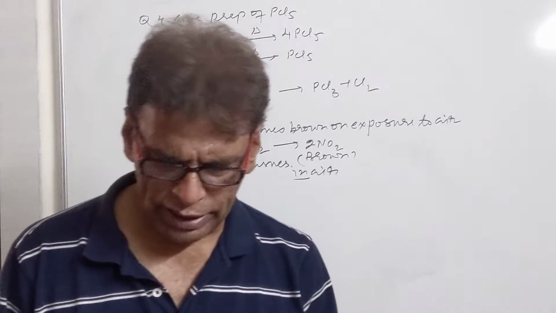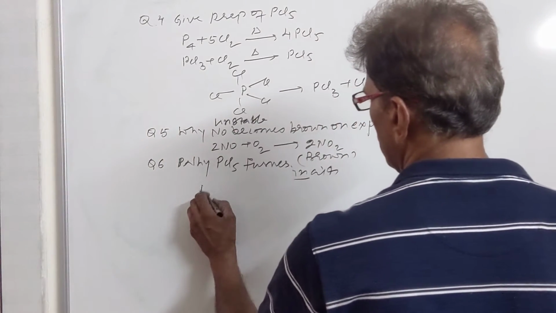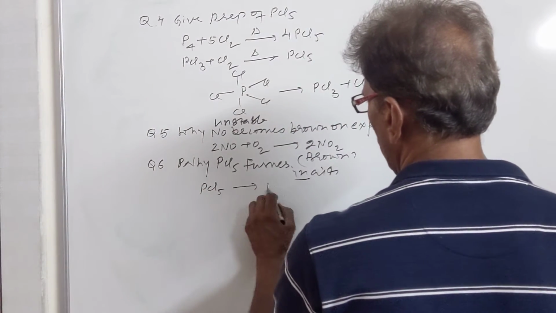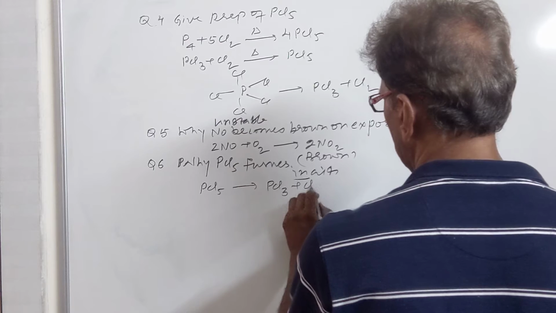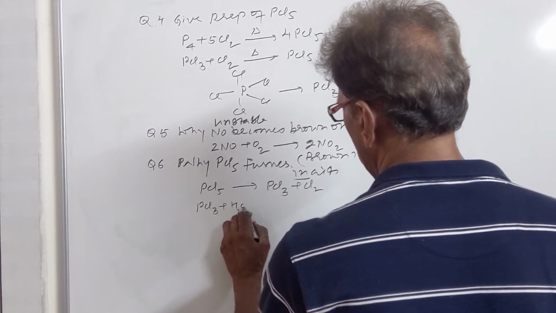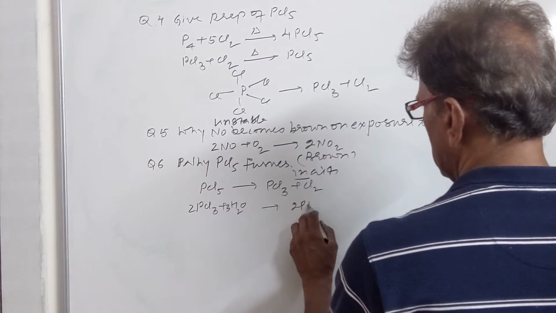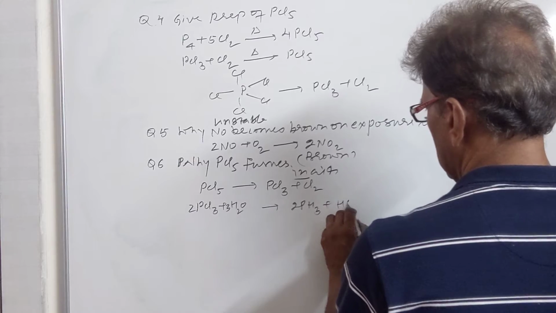It is due to hydrolysis with the moisture of the air. PCl5 first of all breaks to give you PCl3 plus Cl2, and this compound PCl3 can react with H2O to give you PH3 plus HCl.